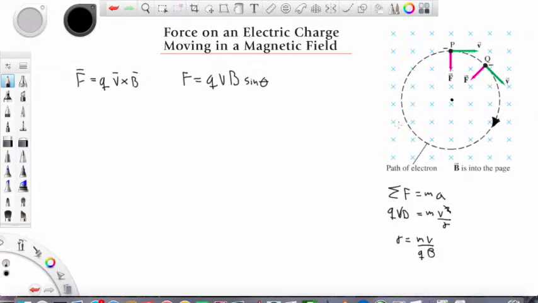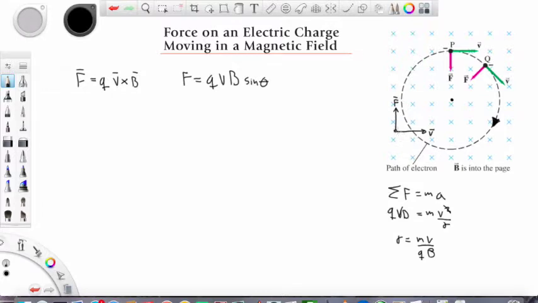Now let's see what happens if instead of an electron we have a proton in this field, also with initial velocity to the right. According to the right hand rule, we cross V and B, and our thumb ends up pointing up. Because the charge of the proton is positive, that is the actual direction of the force.